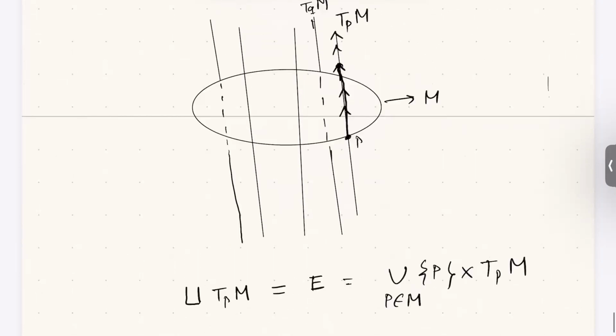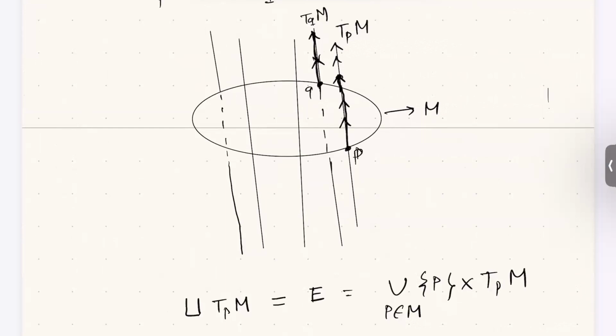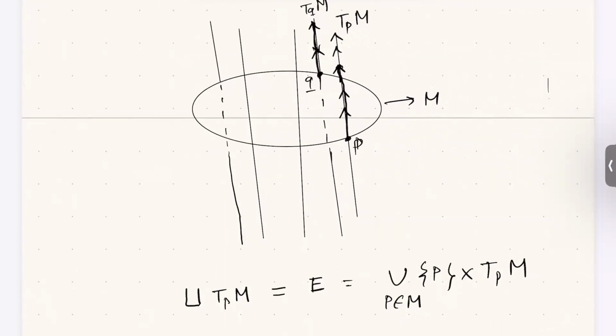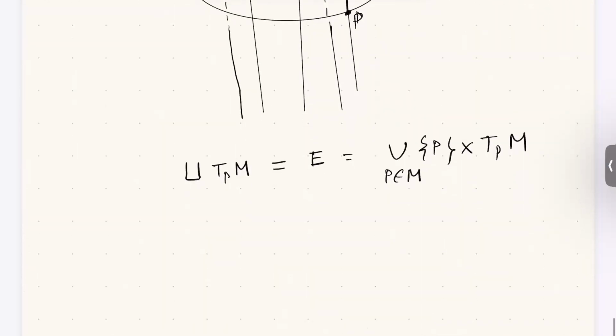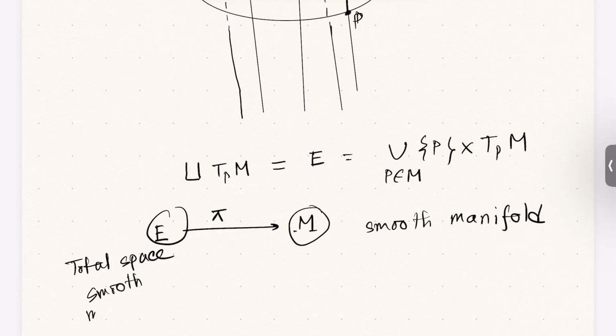Similarly, for this one I will get Q. So if I consider E to M, where pi is a projection map and M is the manifold, which is a smooth manifold, and E is the total space, which is also a smooth manifold.